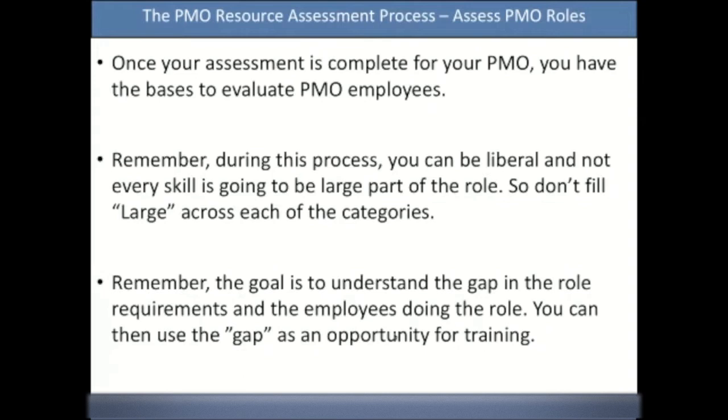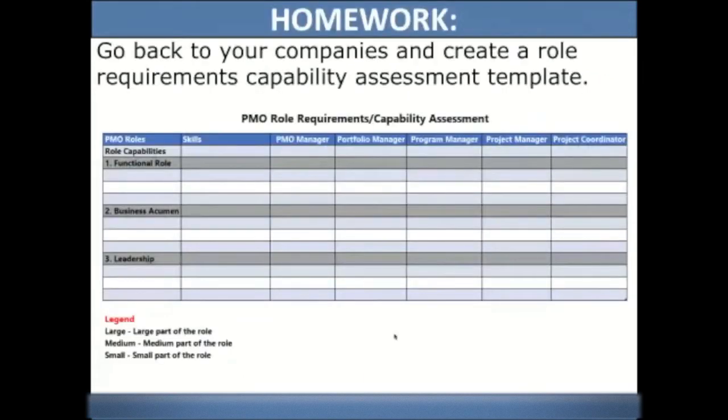I think it's one that you're going to really stand behind and think that, hey, once you get this mapped out, you'll be able to build job descriptions. You'll be able to exactly see what kind of skill sets and capabilities you need to fill the particular roles of your PMO. So homework time, go back, go fill this in for your organization.